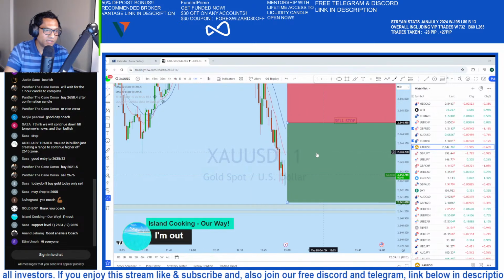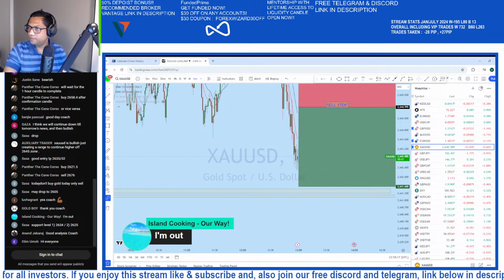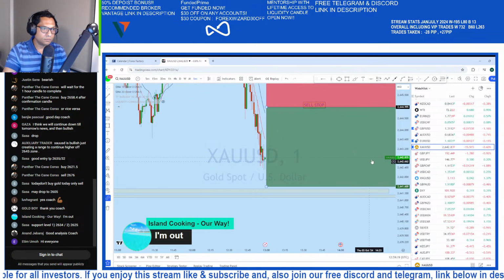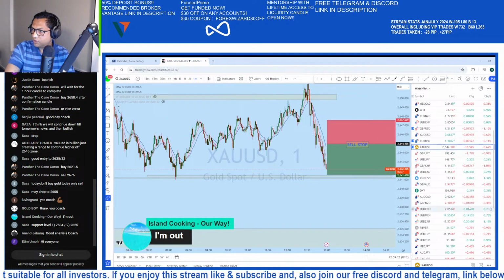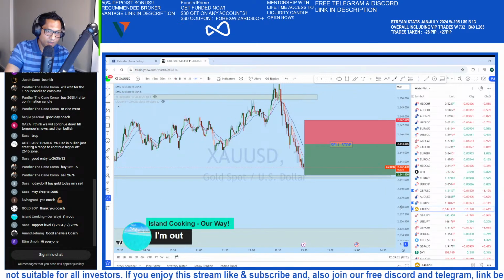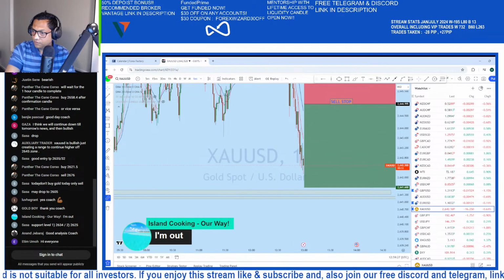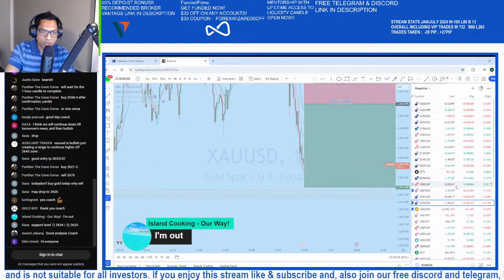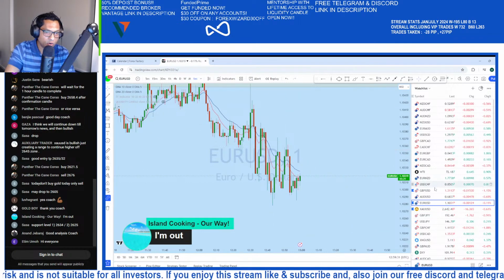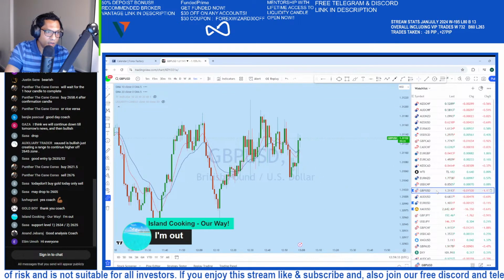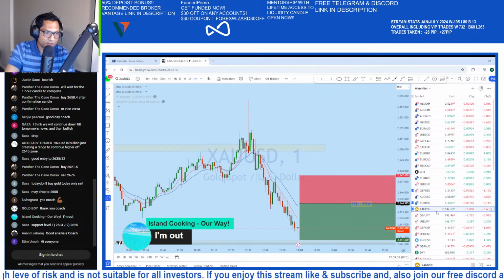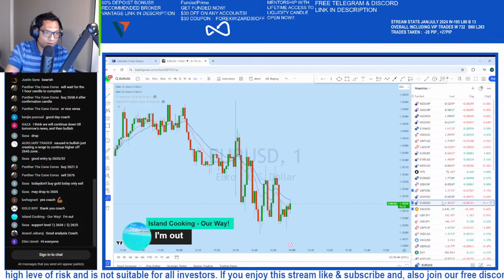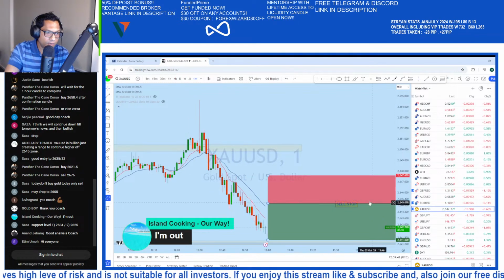So the bias is still to the downside. It's possible for the market to drop directly back to the support level. If we look at the euro dollar, we can see that it's a little bit in a consolidation. Let's look at some of the pairs such as the euro dollar and XAUUSD.